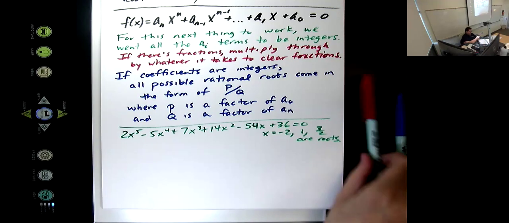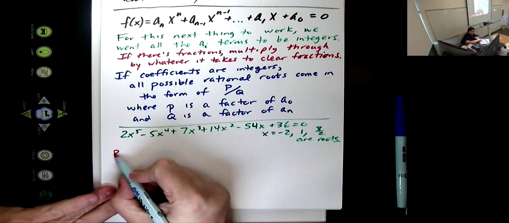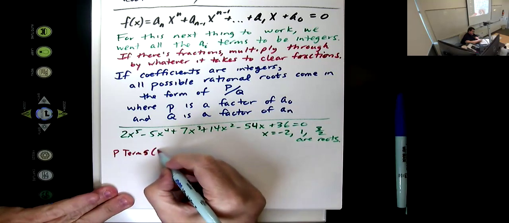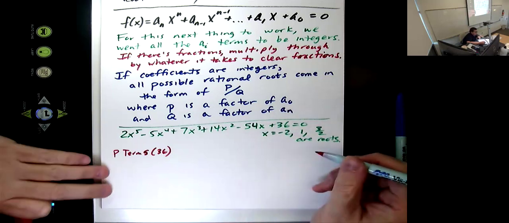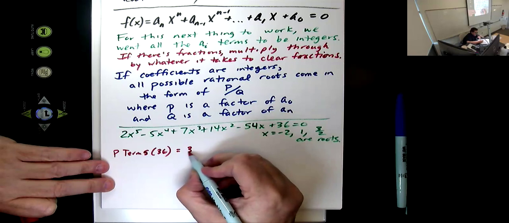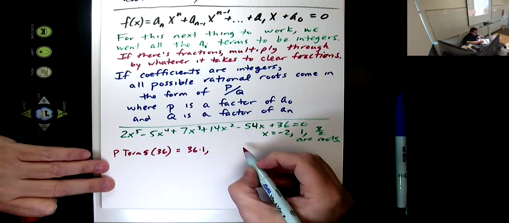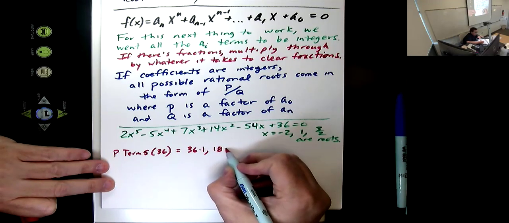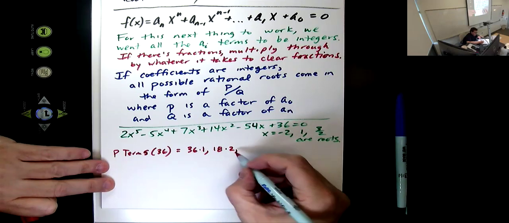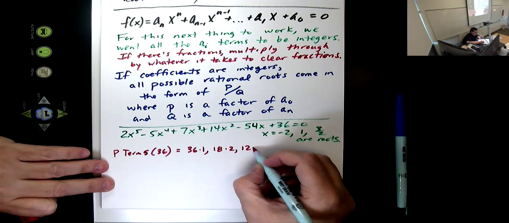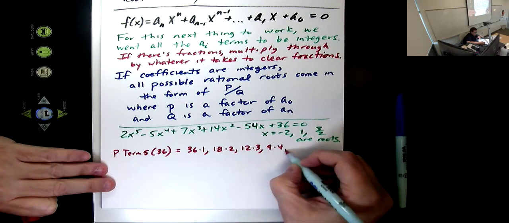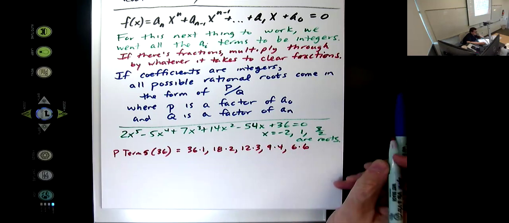So my P terms come from the 36. Things that multiply to make 36 are 36 times 1, 18 times 2, 12 times 3, 9 times 4, 6 times 6.